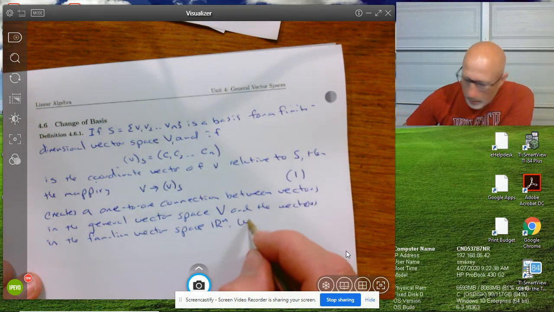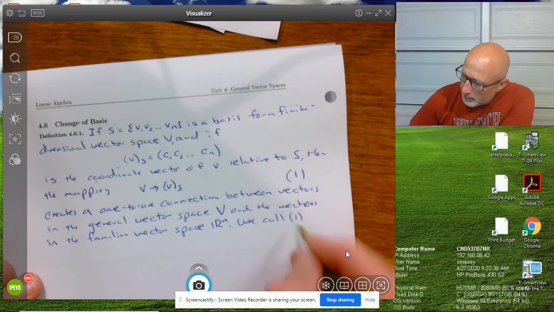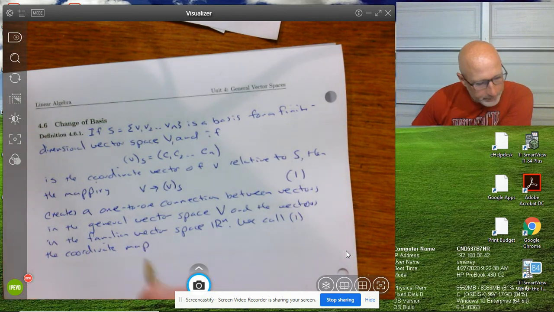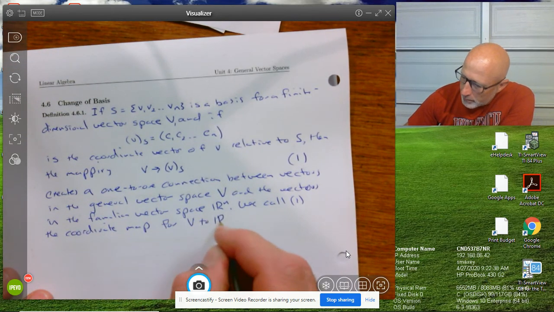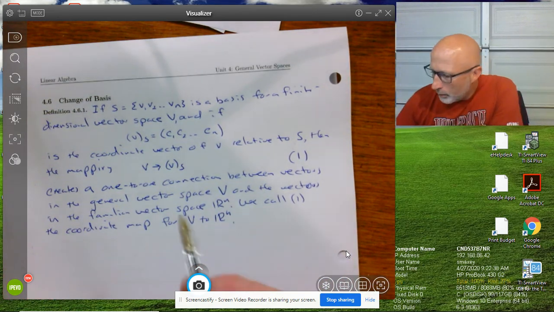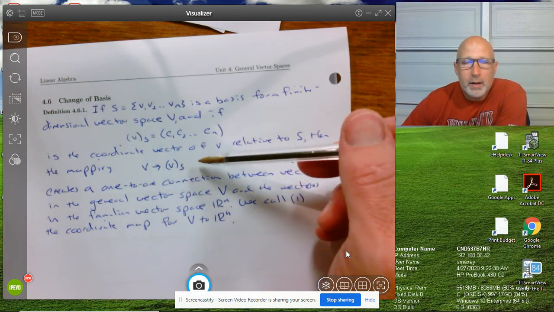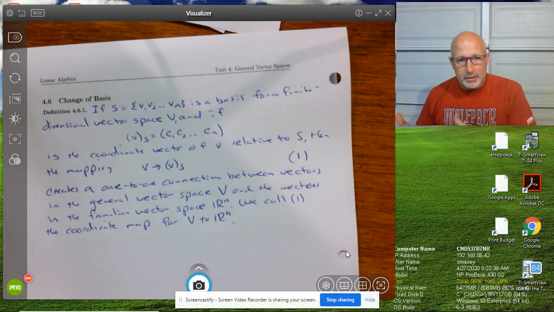So we call 1 the coordinate map from V to Rn. Now, we're not going to write it like this anymore, with parentheses, because we want to make this transition over to matrices.